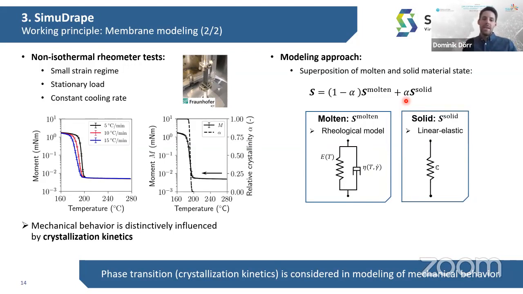And the crystallization kinetics is also described by a crystallization kinetics model. Based on this, we are predicting the influence of solidification during processing. Again, the models are given down here. So for the molded material state, we have a rheological model. And in the solid material state, it's just a linear elastic model as of today.